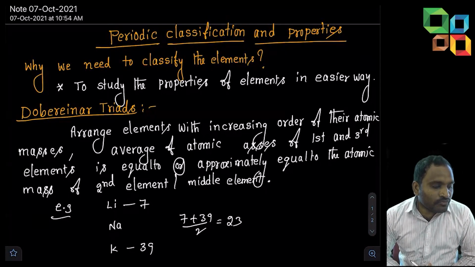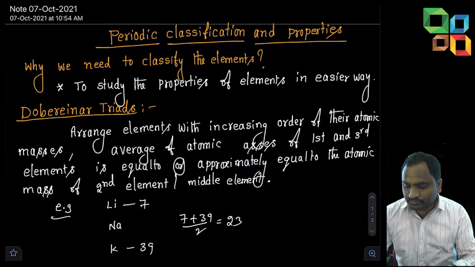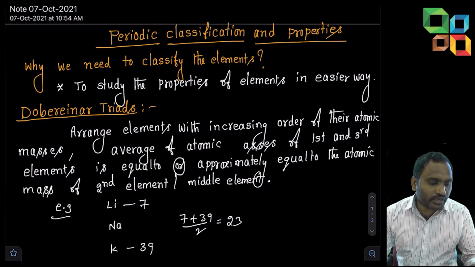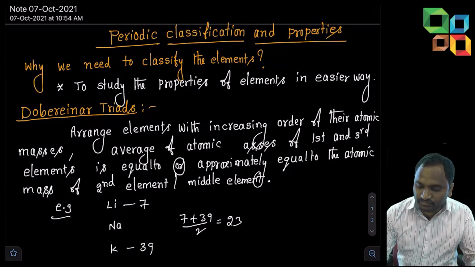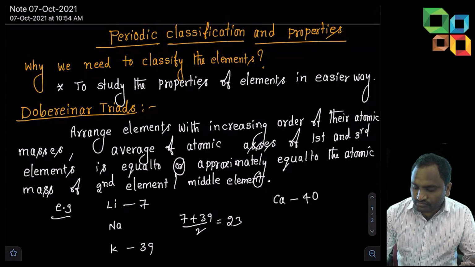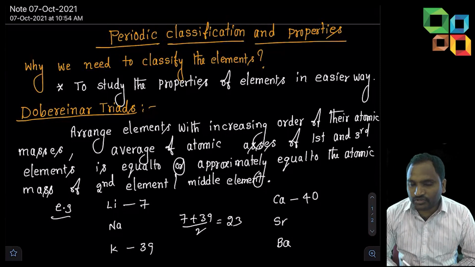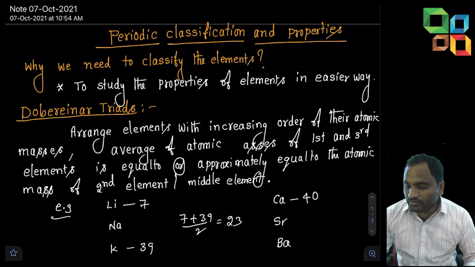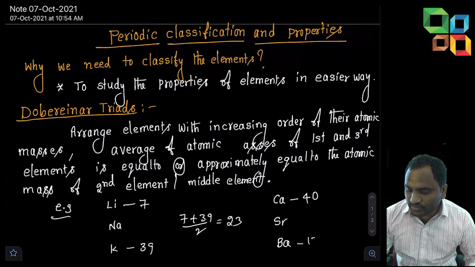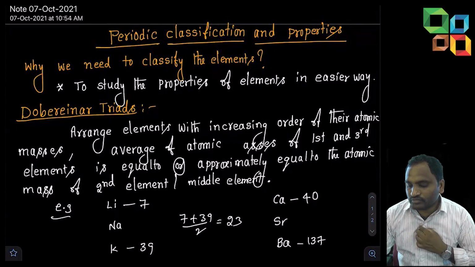Same thing if you see calcium, strontium and barium. One more triad is calcium, strontium and barium. Calcium atomic mass is 40, strontium, and barium. Barium atomic mass is 137.